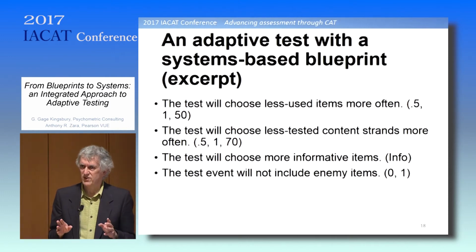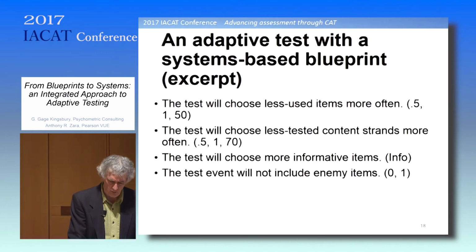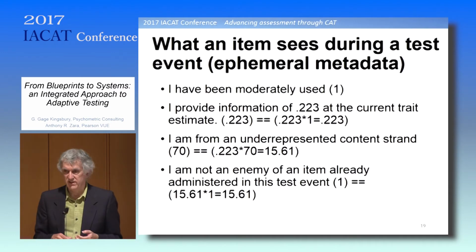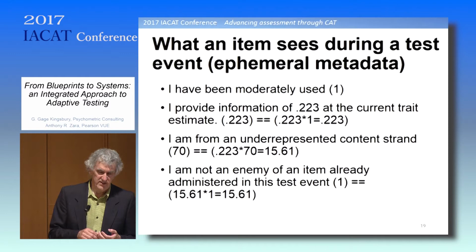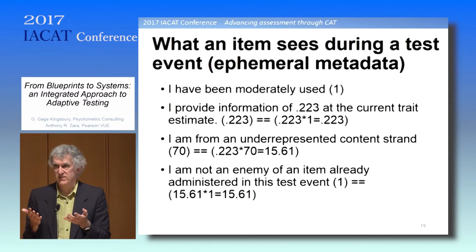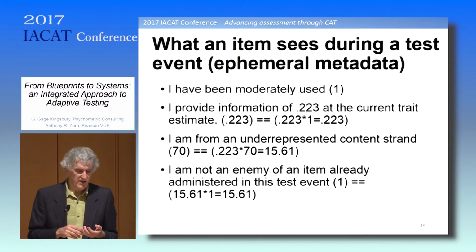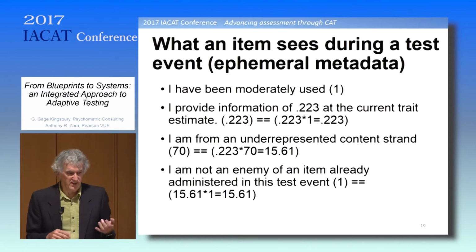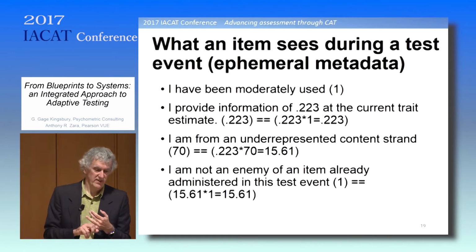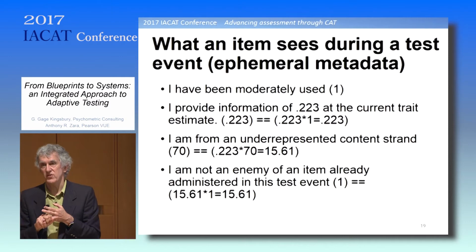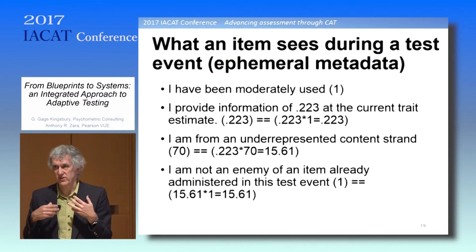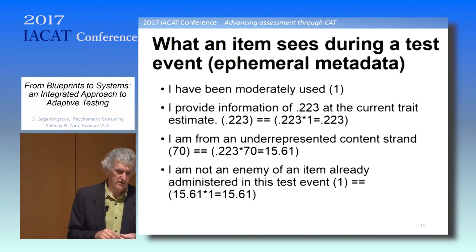You get the idea. So we set up a series of weights associated with aspects of what we want the test to do. And then the item itself sees these weights and sees the metadata from the test event and the metadata that is associated with itself. And it decides, I am a moderately used item. I provide information of a certain amount at the current achievement level estimate for the individual.